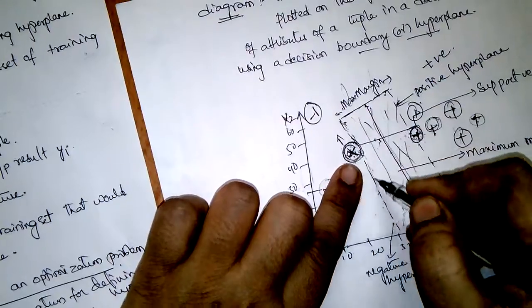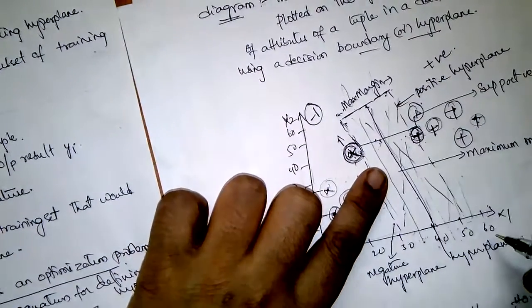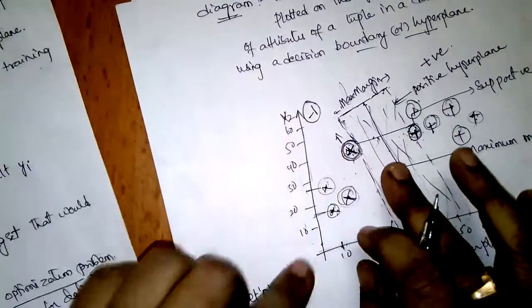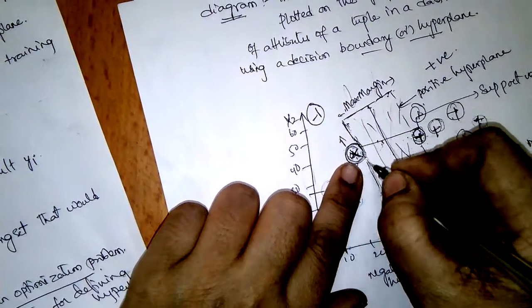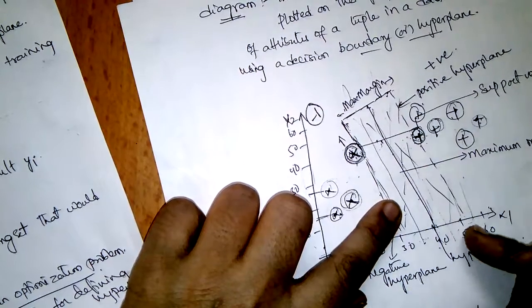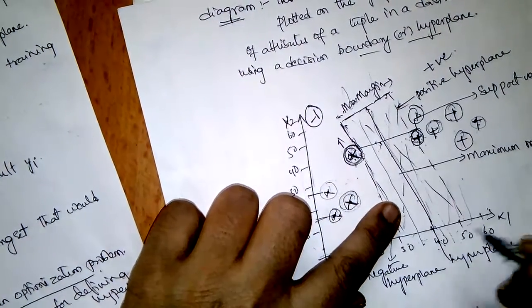There are many hyperplanes like this, so we have to choose the best one. This is called the negative hyperplane, this is the positive hyperplane, and this is the optimal hyperplane, we can say.